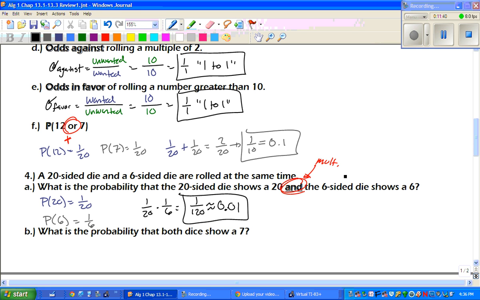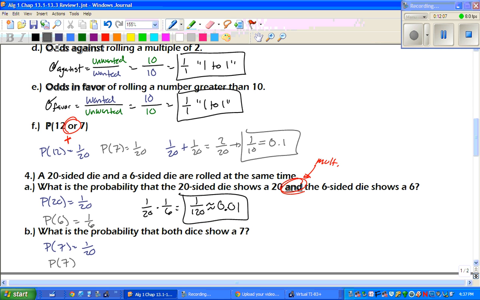What is the probability that both dice show a 7? Okay. So on the 20-sided die, there is one chance that that's going to happen. But on the 6-sided die, is there a chance that you're going to roll a 7? I'm sorry, that should have been a 7. I don't know, guys.